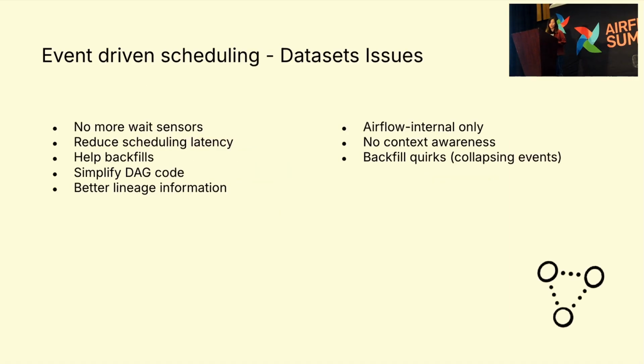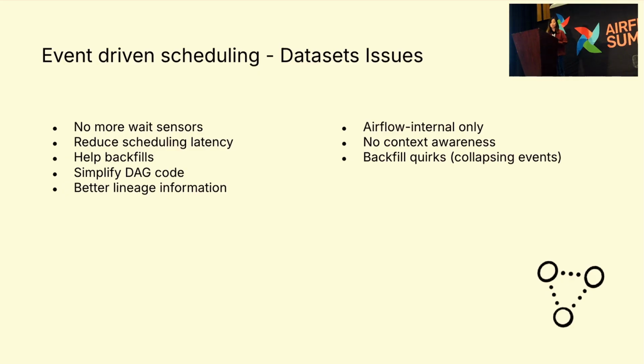So the benefits of adopting datasets are obvious. First, we can get rid of the wait sensors because the system now knows when DAG B depends on a dataset from DAG A, so it can orchestrate automatically. And we don't need to write custom sensor code to poll DAG A's status because Airflow just knows A is done because the dataset got updated.